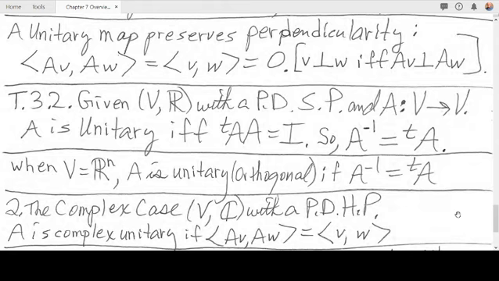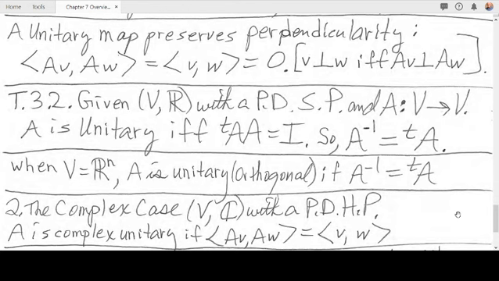So that means that A is unitary if and only if the inverse of A equals the transpose of A. Now, implied in this theorem is the fact that whenever a matrix or an operator is unitary, the inverse always exists.